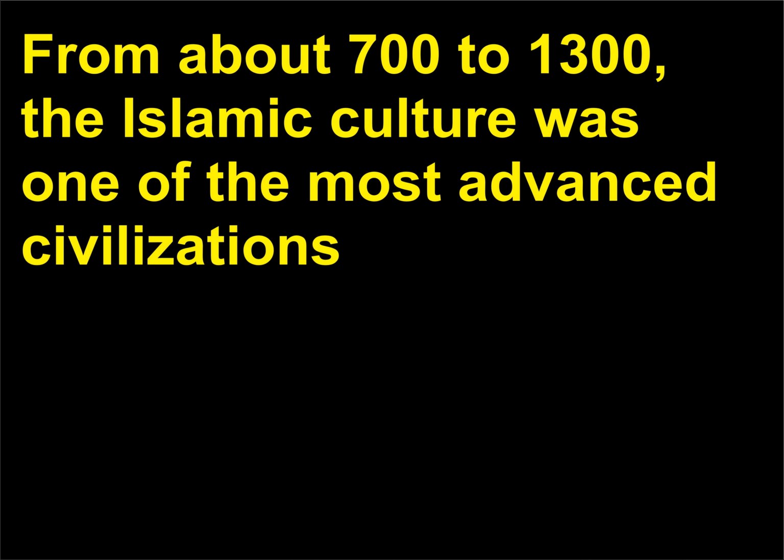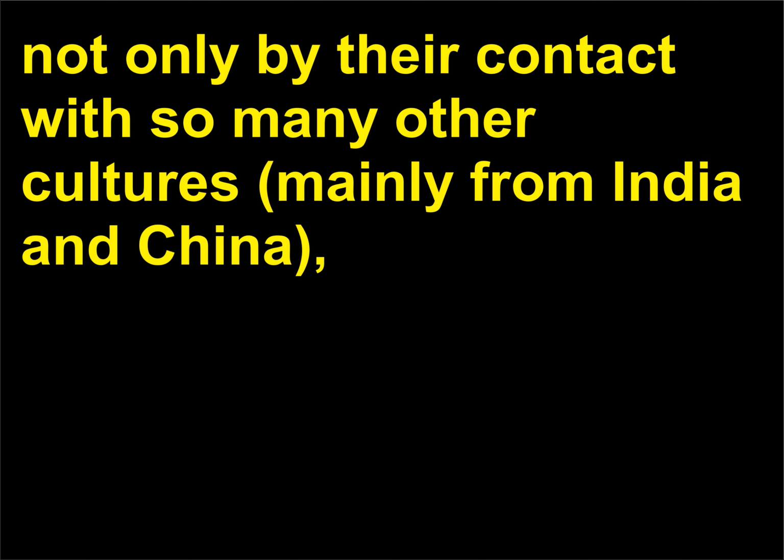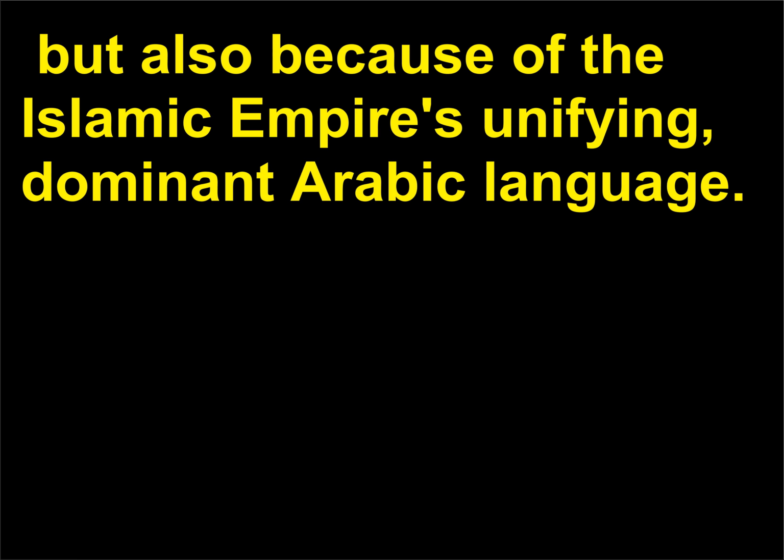From about 700 to 1300, the Islamic culture was one of the most advanced civilizations in the West. The contributions of Arabic scholars to mathematics were helped not only by their contact with so many other cultures, mainly from India and China, but also because of the Islamic Empire's unifying, dominant Arabic language.